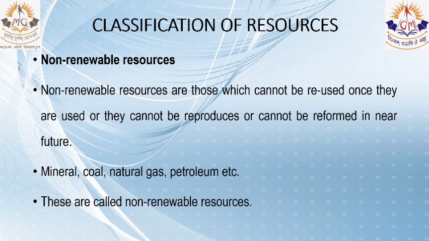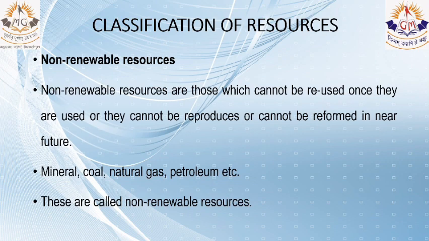So once they are used, for example, petrol that we fill up in the tank, once that is exhausted, we cannot again remake it. We have to use another. But then we are taking it out of the ground and it becomes less and less. We as human beings cannot make petroleum again. Nature has taken such a long time. So once they are used, they cannot be reproduced, or cannot be reformed in near future.